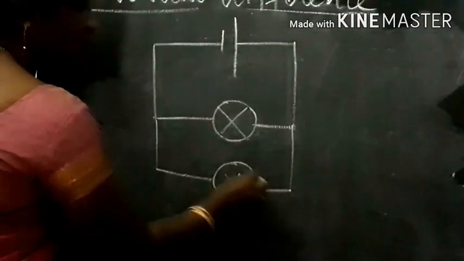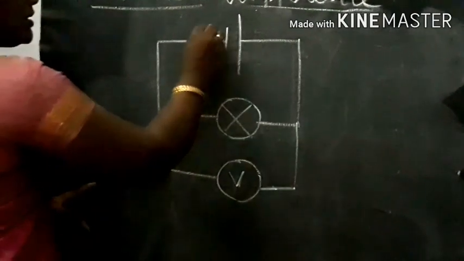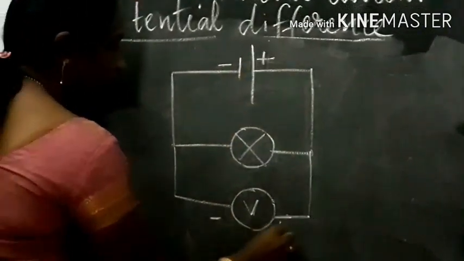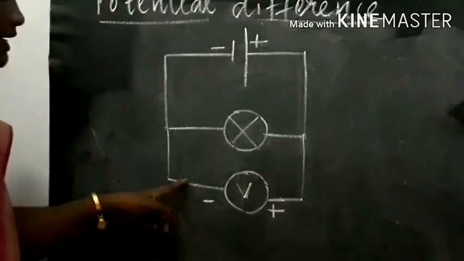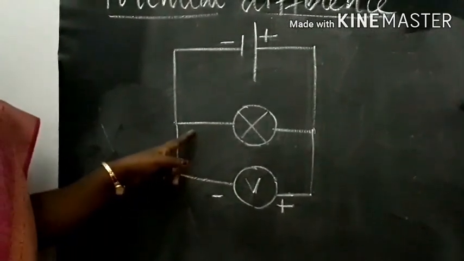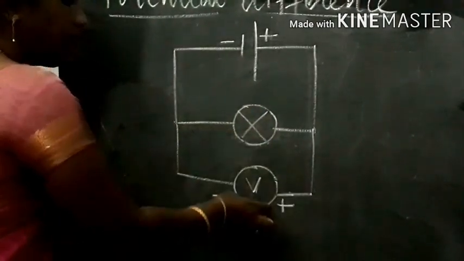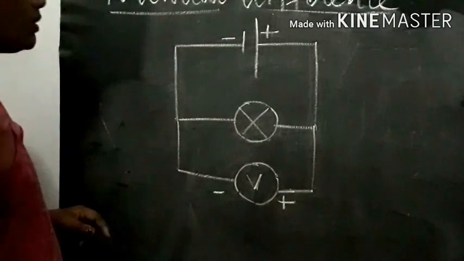If it is represented as V, it is the voltmeter. So this is positive, negative and a positive. Here again negative and a positive. The voltmeter is connected in parallel in the circuit. So the potential difference for this bulb can be measured by using the voltmeter.